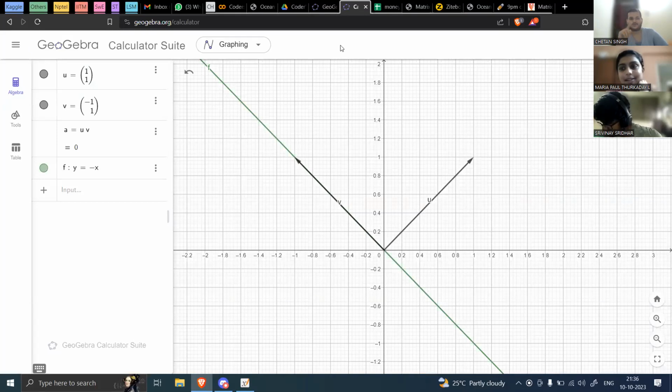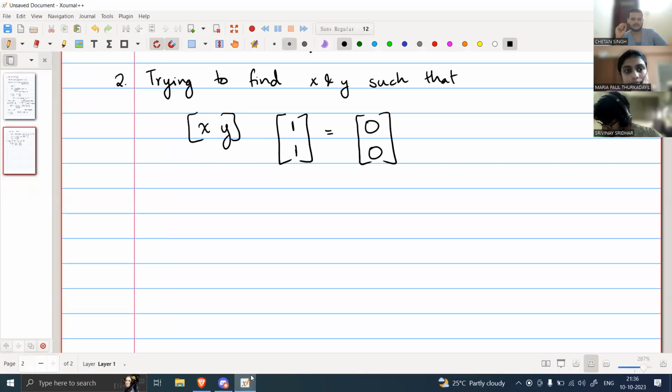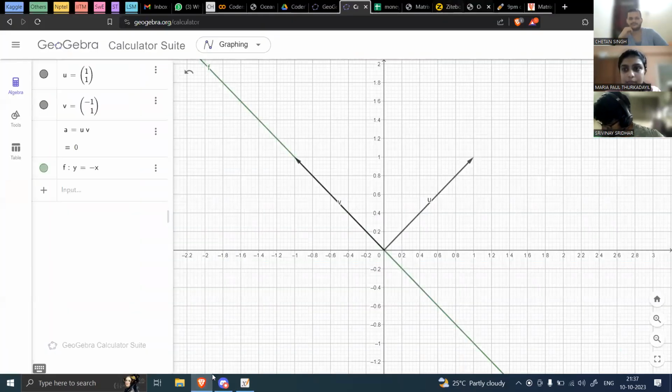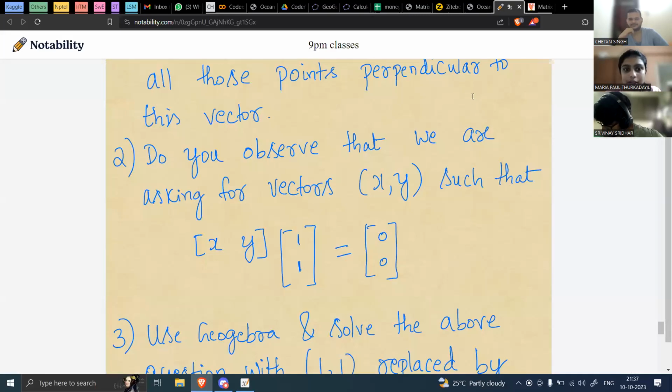So there we took the dot product. We said that if the dot product of two vectors is 0, then that means they are perpendicular to each other. What are we doing here? Aren't we doing the same thing? The reason why that came up is that mostly when you denote the dot product in matrix multiplication form, you write x transpose times the vector, equal to 0.